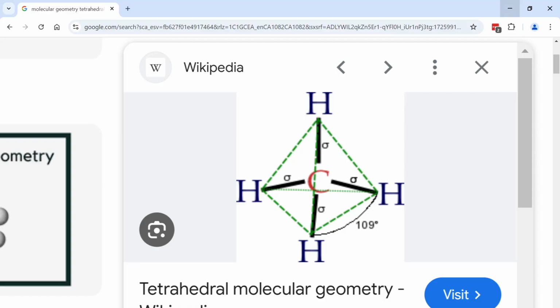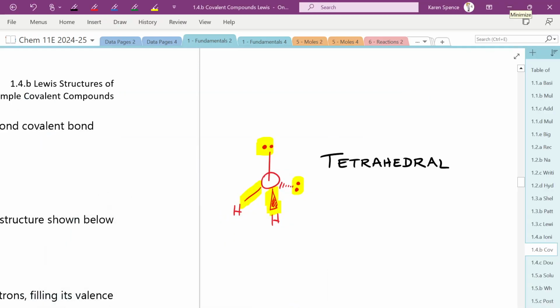So for example, on my crappy little drawing, I could have drawn my H here, my H here, and my lone pair here, and my lone pair here. They're all identical to each other, okay?